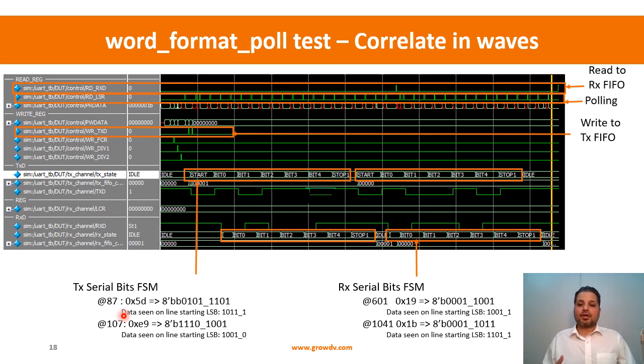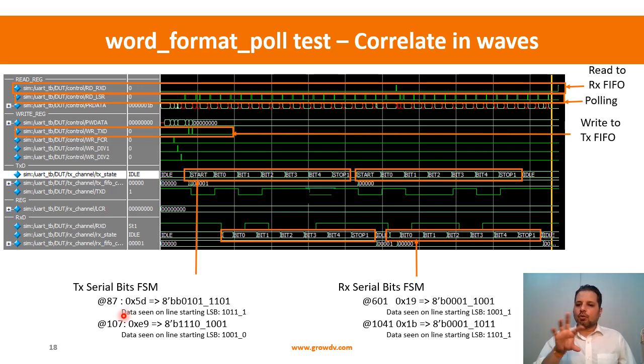Okay, this is a very important step: I should be able to correlate my source code, my specification, my log file, and the waveforms. I'm going to repeat this once again because it's very important. The overall process of debugging will involve correlating specification, correlating to source code, then correlating to the log files, and then correlating to the waveform.